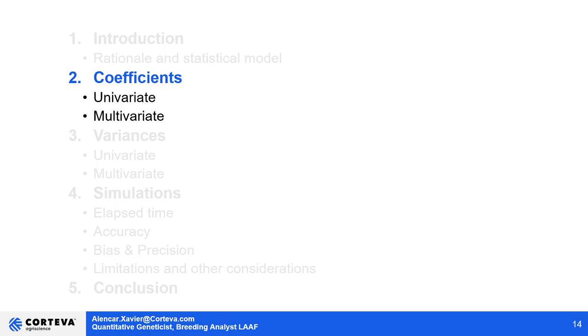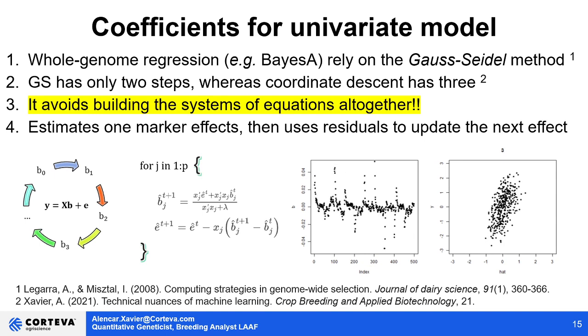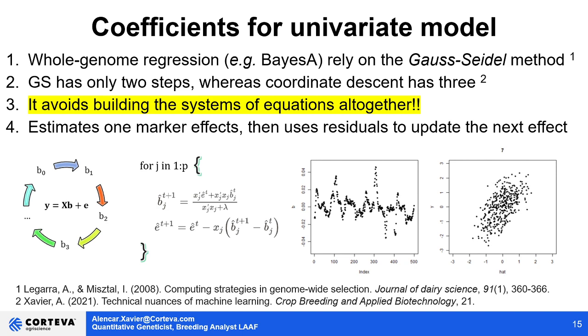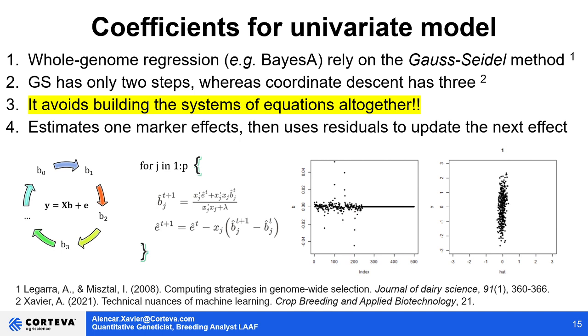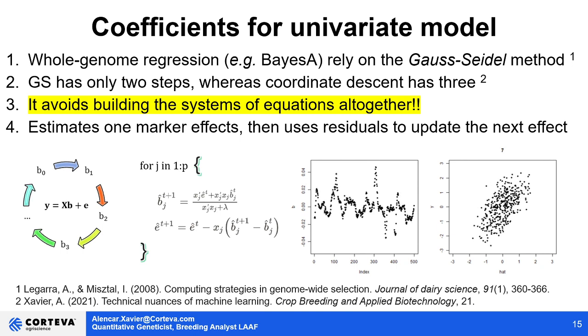All right, so let's move on to the coefficients. You may or may not know that every time we are fitting a model applied to genomic prediction, we have more often than not more parameters than observations. So you can imagine that with many models like ridge regression, BLUP, Bayes A, Bayes B, and all those Bayesian methods, we will be fitting a large number of markers, and more often than not more markers than observations.